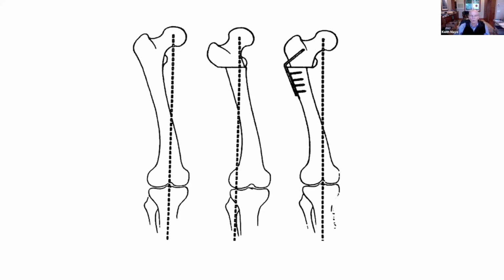Another thing that people worry about and talk about is that if you take a normal mechanical axis, and this is not particularly a great depiction of a normal on your left, going through the center of the knee from the center of the hip to the center of the ankle, and then you do an abduction or valgus osteotomy, then that obligates a lateral mechanical axis shift. And the same is true if you go into varus.